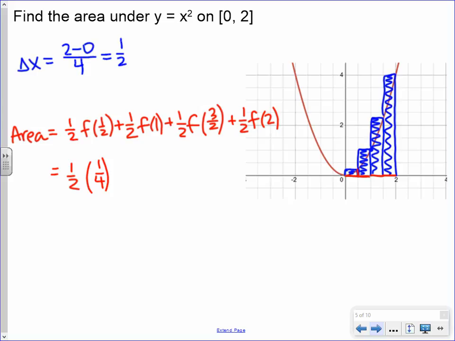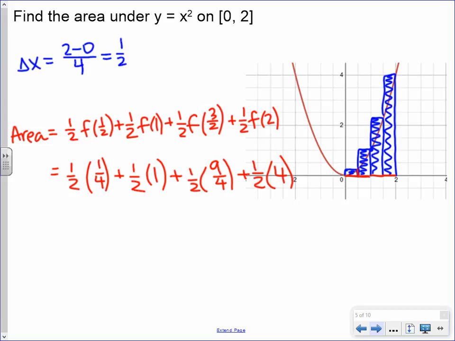So this rectangle has a height of 1/4. The second rectangle has a height of 1. That's x squared. Our third rectangle has a height of 9/4. And our fourth rectangle has a height of 4. Okay, those are just the function values there.